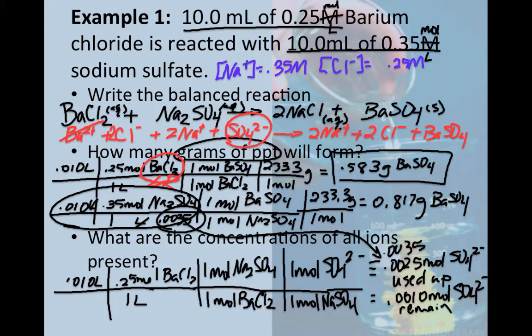And now I do my concentration. Concentration is moles per liter. So the concentration of sulfate ions will be 0.001 moles divided by 0.020 liters.